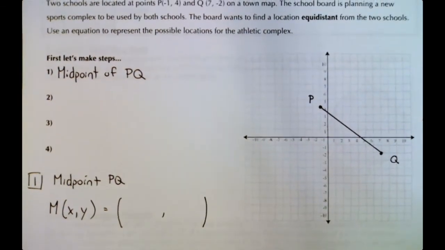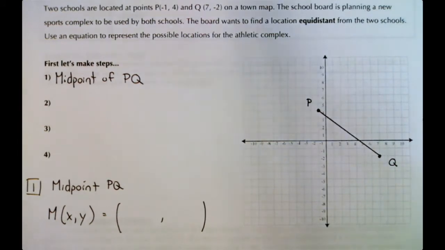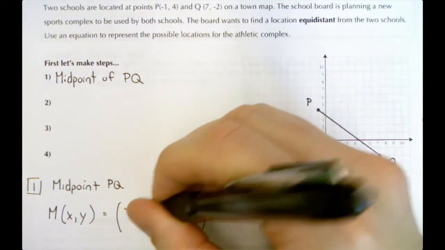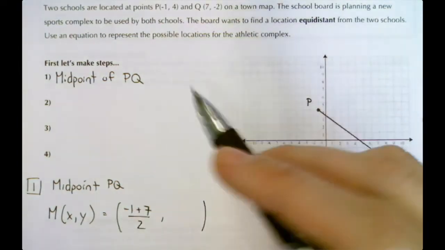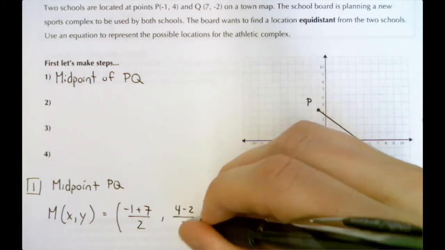Well, instead of writing out the equation, let's just do that. Let's add our x's and divide by 2. Our x's are negative 1 and 7, and we're going to divide by 2. Our y's are 4 and negative 2, and we're going to divide by 2.